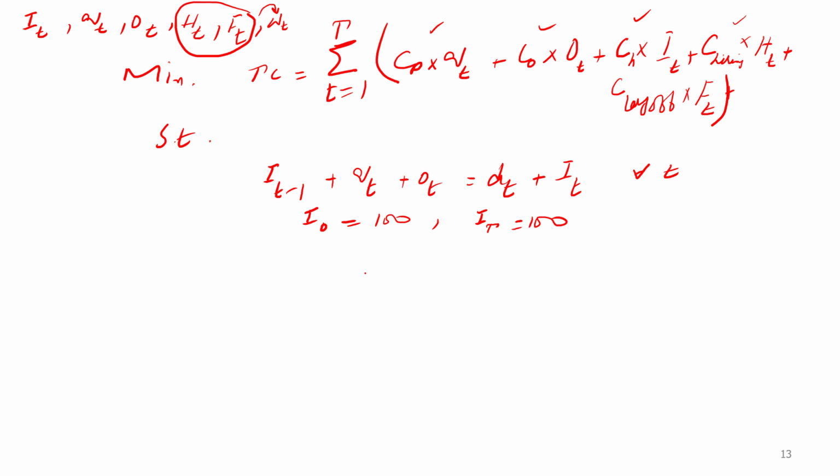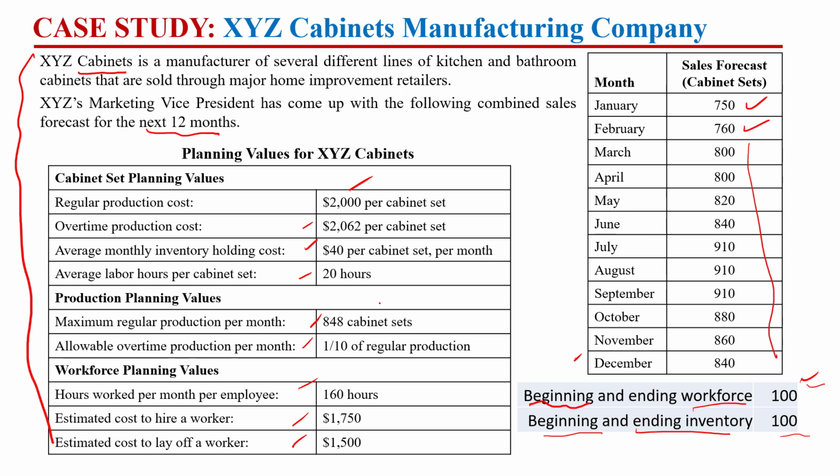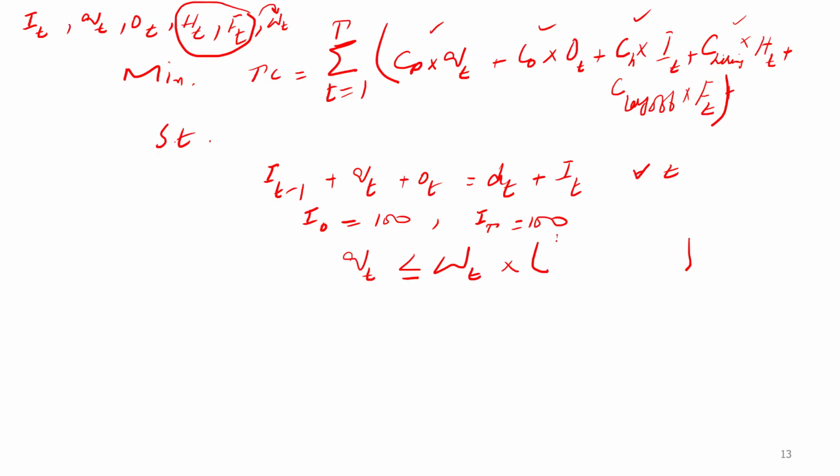The next constraint is regarding the regular time production quantity. This must be less than or equal to the workforce we have in time period T multiplied by how many units one worker can produce. Every worker works 160 hours per month, and one cabinet takes 20 hours, so we calculate 160 divided by 20.